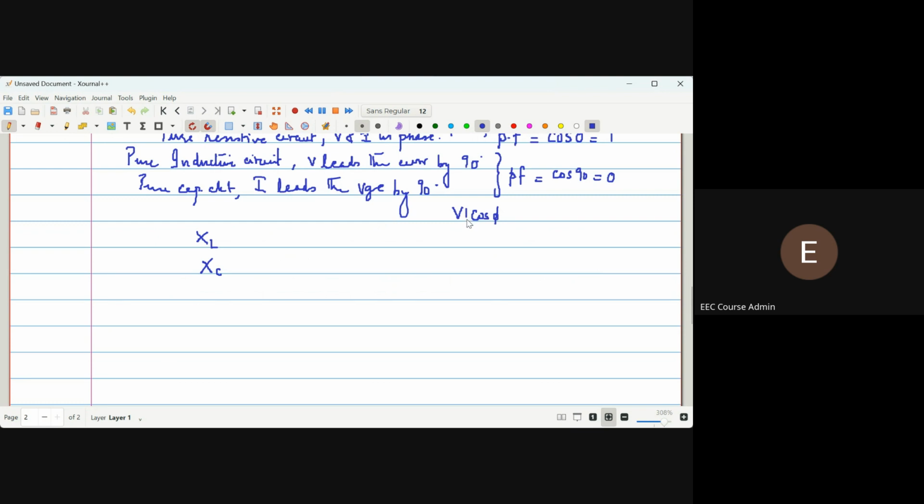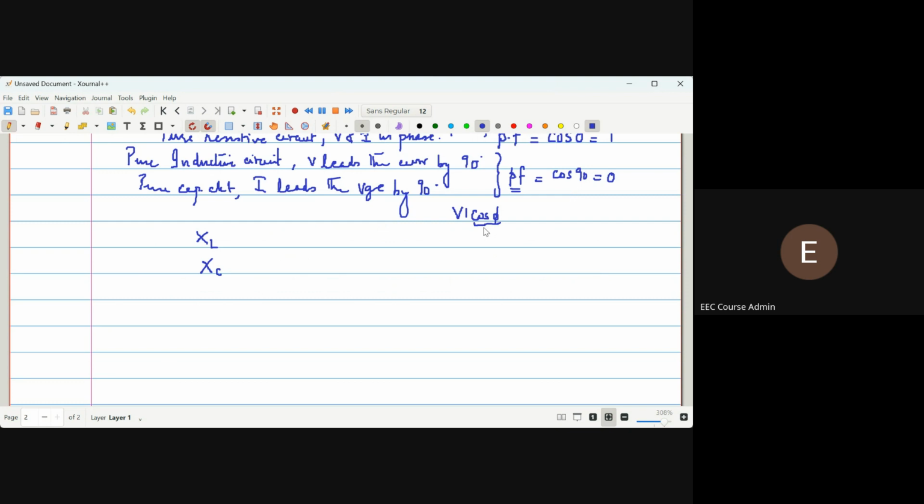Otherwise, for an inductive or capacitive circuit, there is an energy transfer due to the reactive elements, inductor or capacitor, and there will always be a power dissipation in the resistive part. So that factor of the power is referred to as the power factor, this cos phi. So in purely inductive and purely capacitive circuits, the average power will be 0.